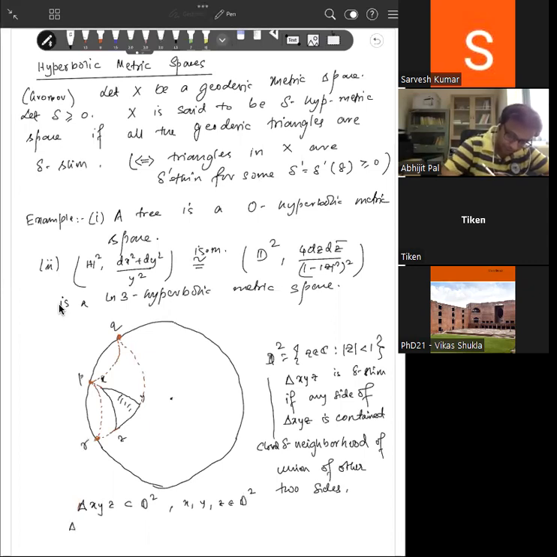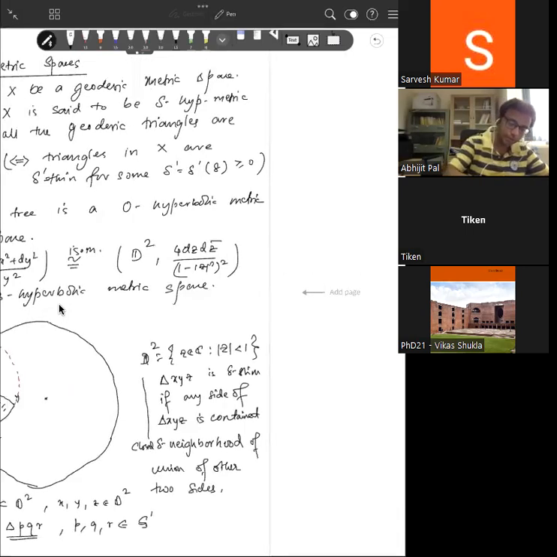So this triangle XYZ is contained in this triangle PQR, where now PQR belongs to the circle. So first we started with the triangle XYZ, then we embedded it in a bigger triangle PQR, and then we will prove that this triangle PQR is log 3 slim.